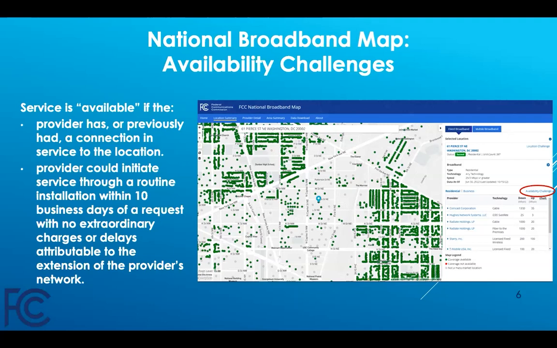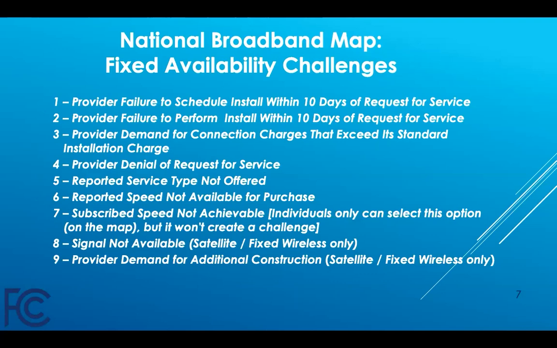I want to go a little bit deeper on the types of things that can be challenged as we look at provider reported availability. So these are the 9 different codes that are in the system, or it's a drop down really in the user interface, and you just select one from this list. So the provider either failed to schedule an install or failed to perform the install within the required 10 days. They may have requested excess charges.